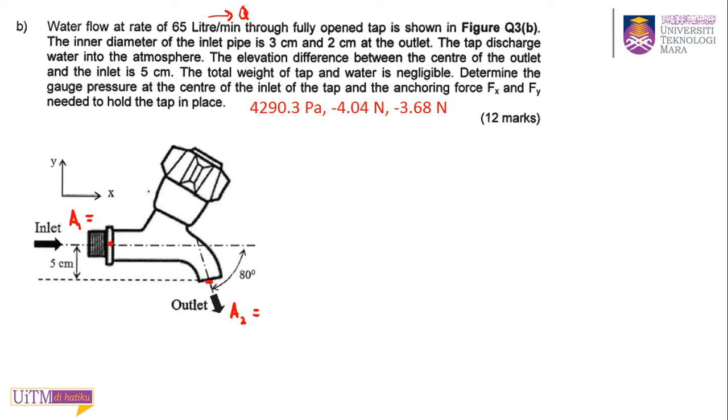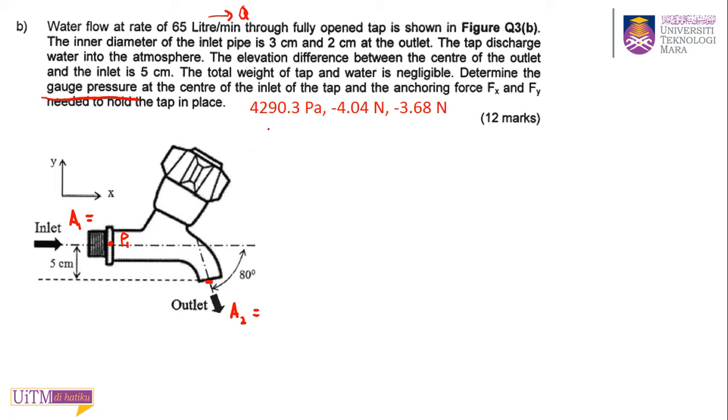Okay, there's no W. Determine the gauge pressure at the center of the inlet, so P1, and the anchoring forces Fx and Fy needed to hold the tap in place. So they ask you to find P1 and Fx and Fy, or Rx and Ry in my calculation.